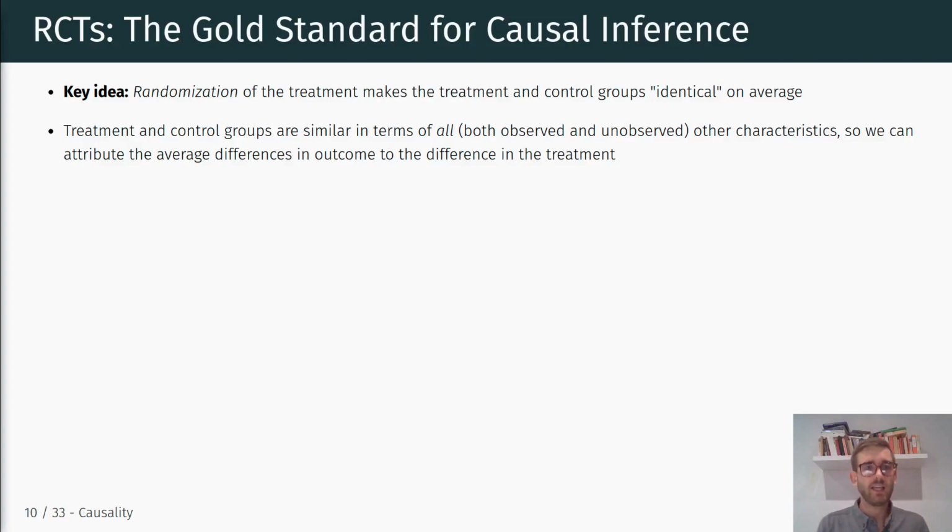And if that is the case, then we can attribute the average difference in the outcome to the difference in the treatment, to the presence or absence of the manipulation or intervention itself.